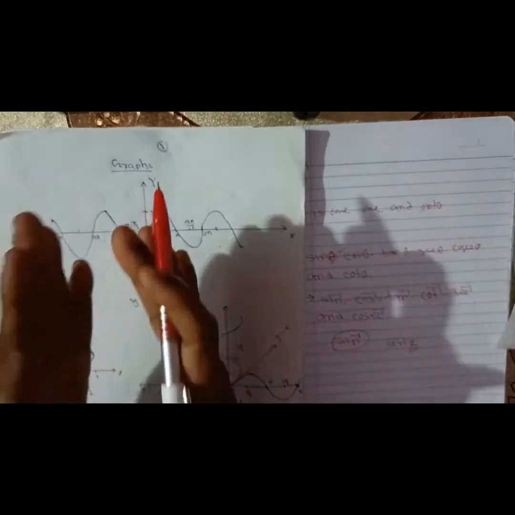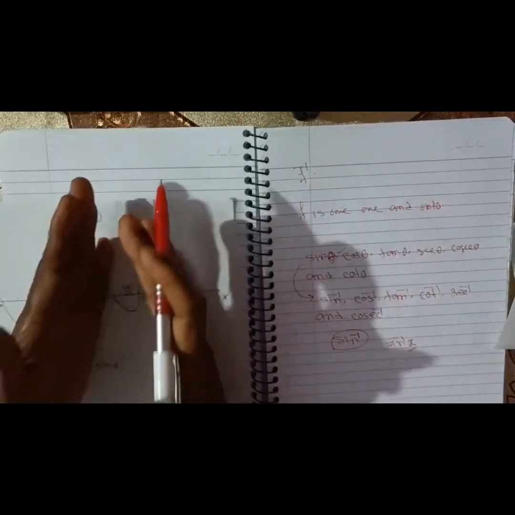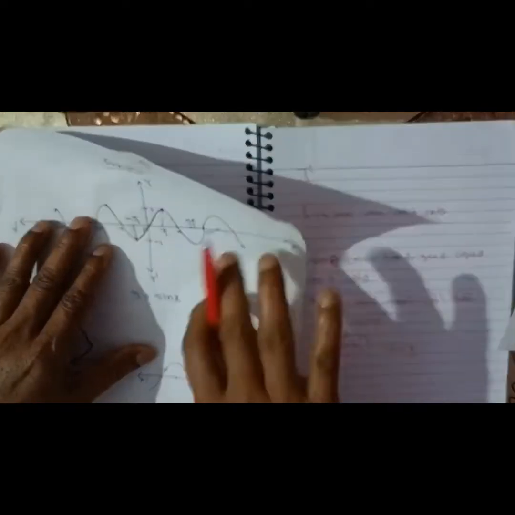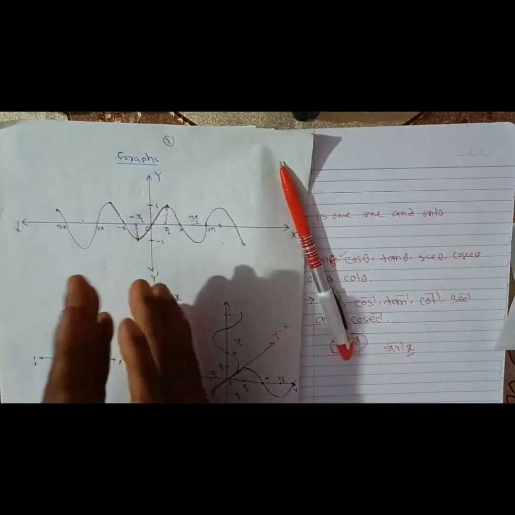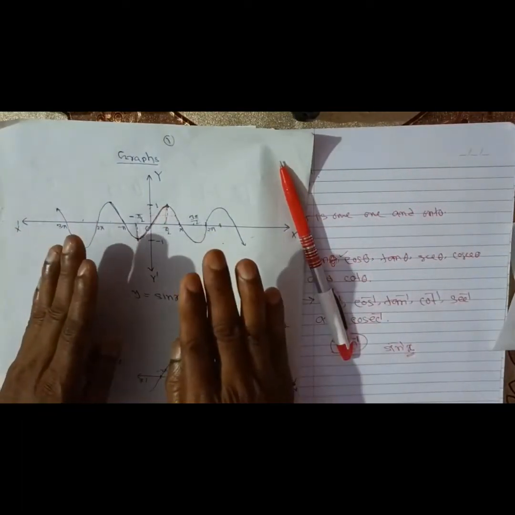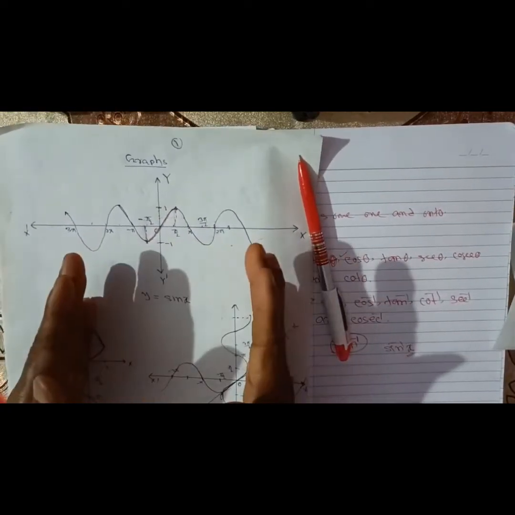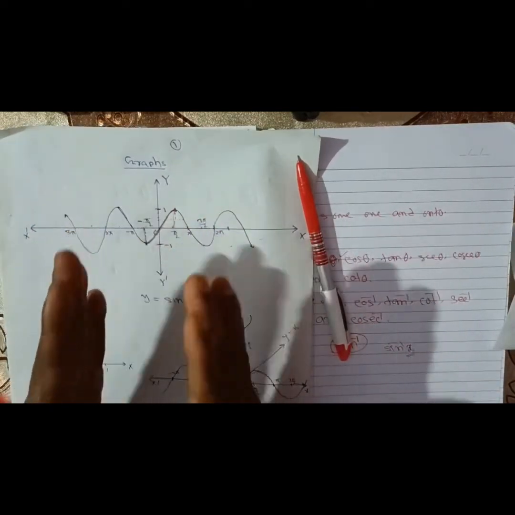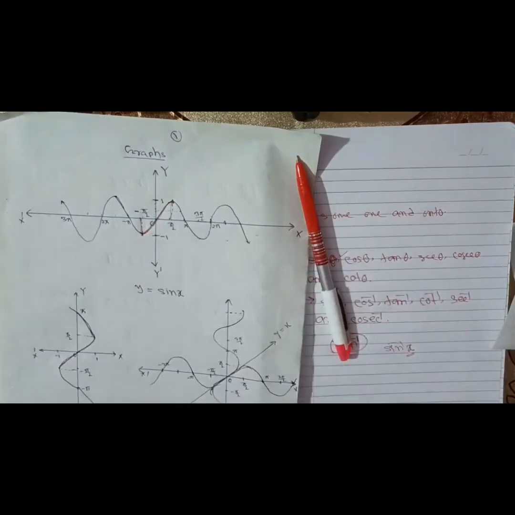That's why the sine function is invertible, that means sine has an inverse function. In this way all 6 trigonometric functions have restrictions to make them invertible, that means every trigonometric function has its inverse.